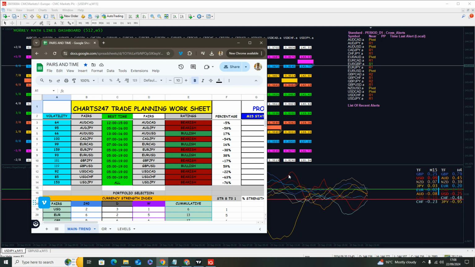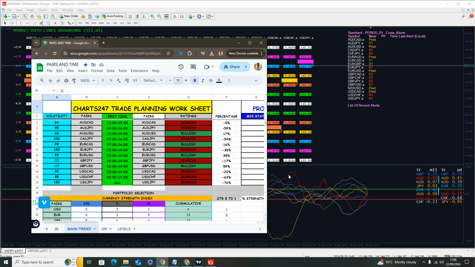The reason we do this is because the Forex market is very fast paced, and making informed and timely decisions is essential. One of the most reliable ways to ensure that you are trading the right currency pair is through weekly portfolio selection using the currency strength index, CSI in short.